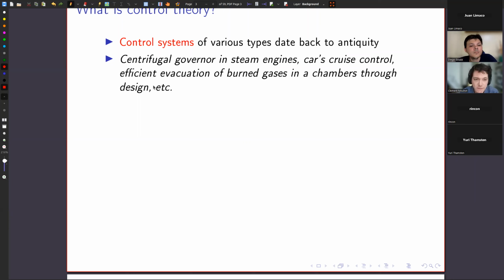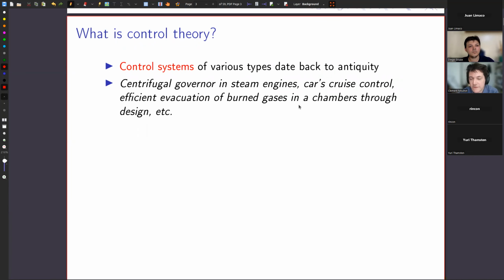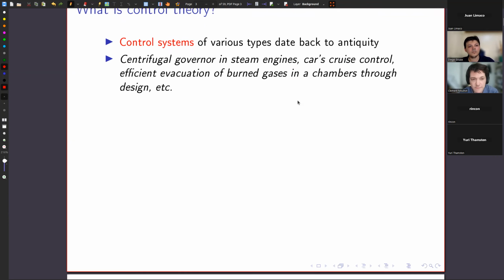More recent technology is how to evacuate burned gases in the chambers in the optimal way. In short, you have many situations. I'm not an engineer, so I only know the list of applications, but I don't know much about them. In short, it's when you want to drive a system to do something you have decided in advance.